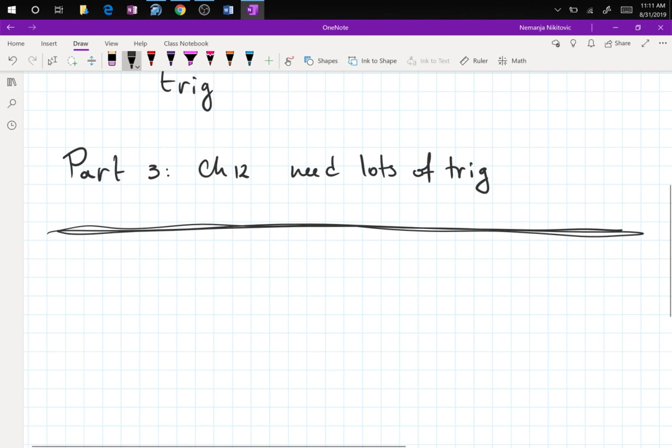Now, derivatives will show up, but they are not going to take the central stage of the course like they did in Calculus 1. About half of your Calc 1, or even more, was derivatives. Calc 2 focuses mainly on integration, and derivatives will play a role.